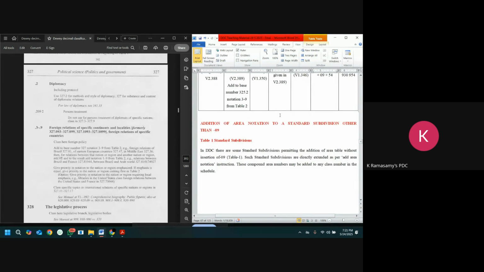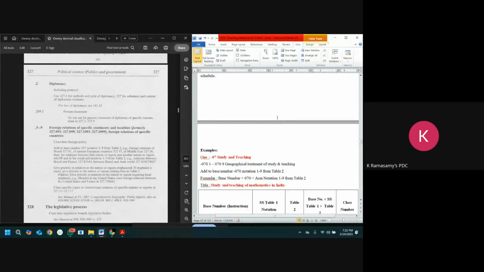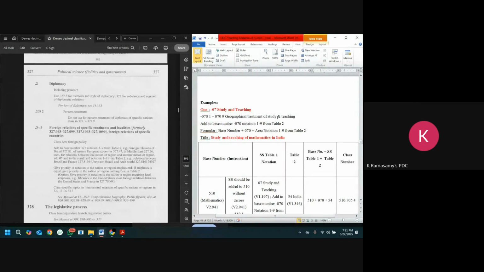Okay, fine. Now, apart from that, there are a few places in table 1 where you can go and add table 2. For example, 07 stands for study and teaching in table 1. This can be extended further with the help of table 2. So add to base number 070, notation 1 to 9 from table 2.